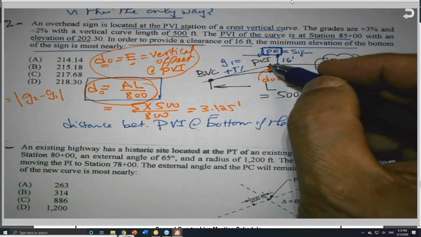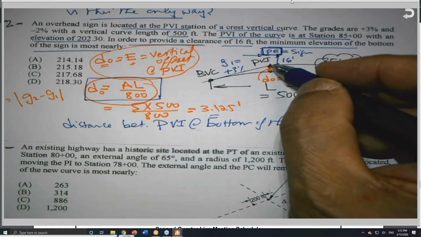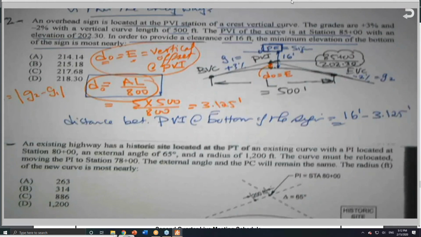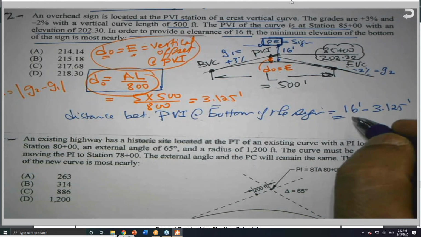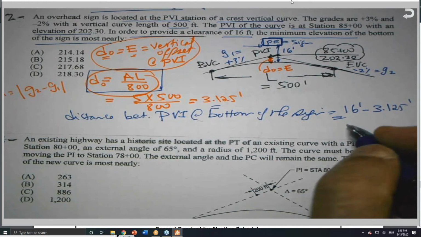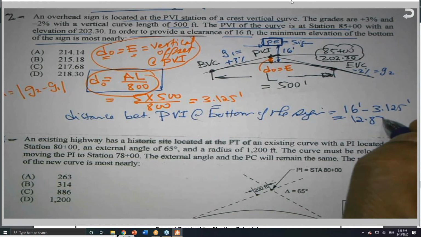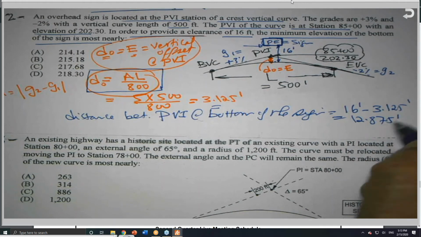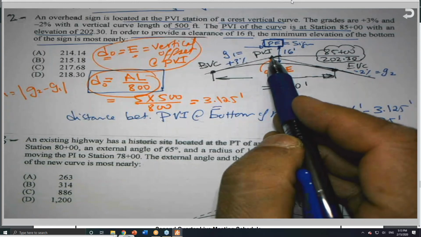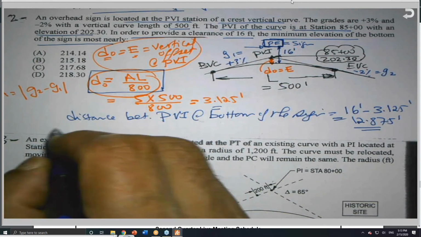From the curve to the bottom of the sign is 16, this is where the traffic will be. So the difference between them is 12.875 feet.